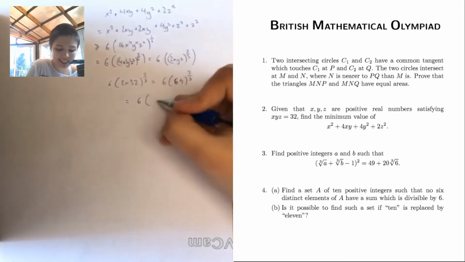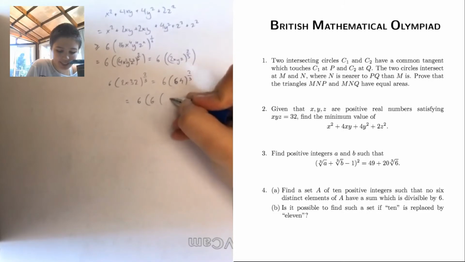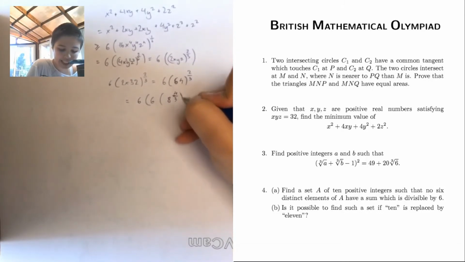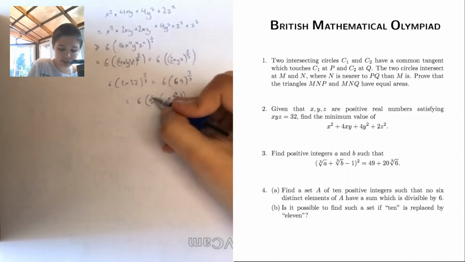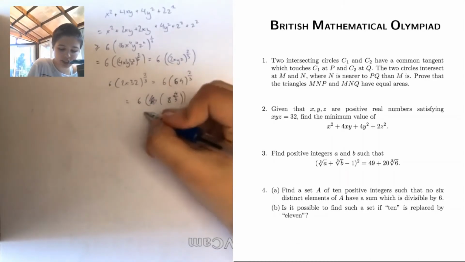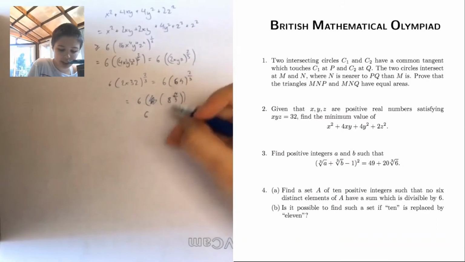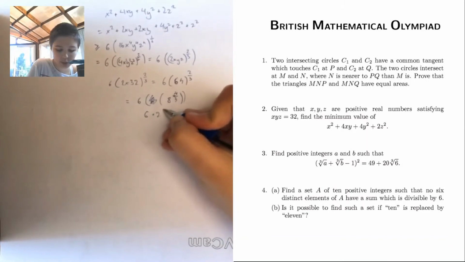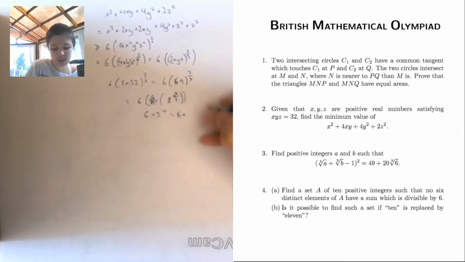Oh, I can't do maths. And 6 times 8 to the 4/3. Wait, no, not 6. 8 to the 4/3, and that's 6 times 2 to the 4, which is 6 times 16.